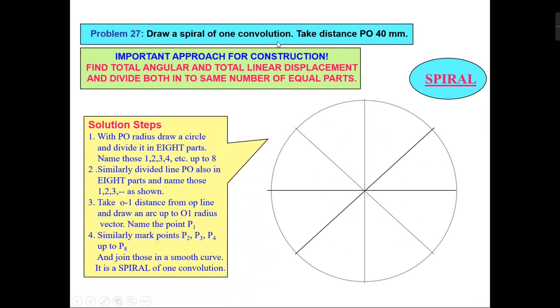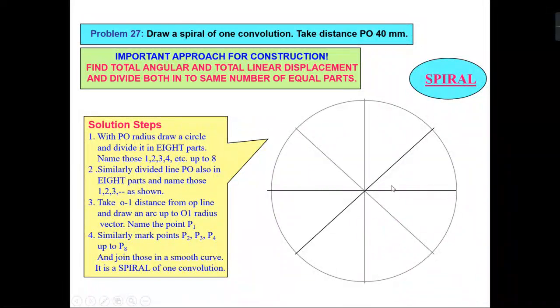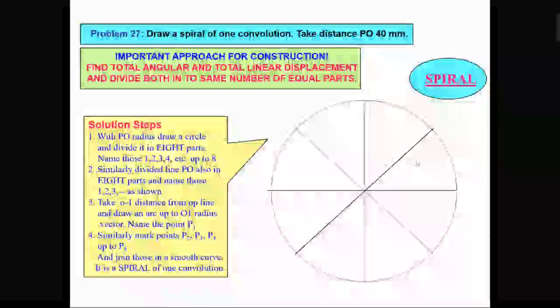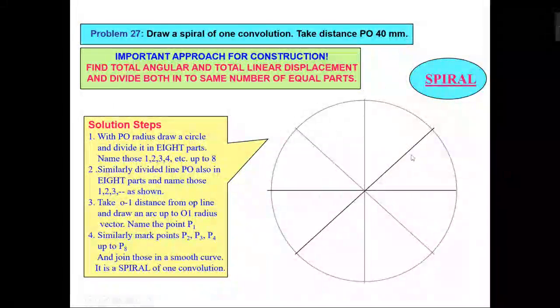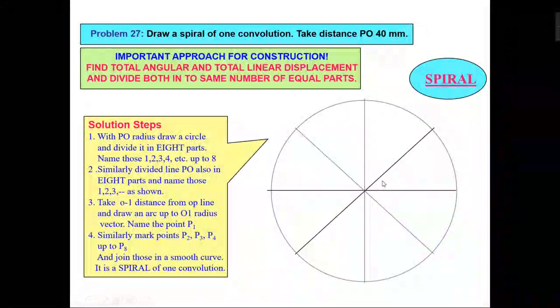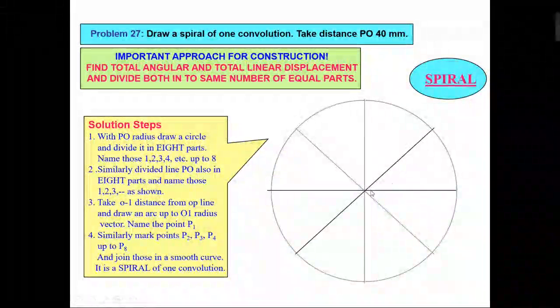Okay, so the first thing we have to do is draw a circle having a radius of 40 mm. Then we divide the circle into 8 equal parts or 12 equal parts as I have mentioned in the previous problems. After that, see, in this spiral the point moves along a line while the line also rotates about the pole at the same velocity, right?